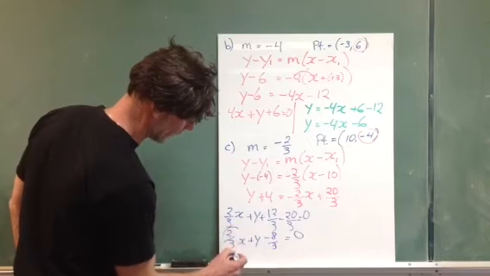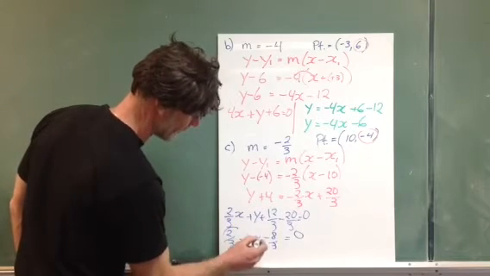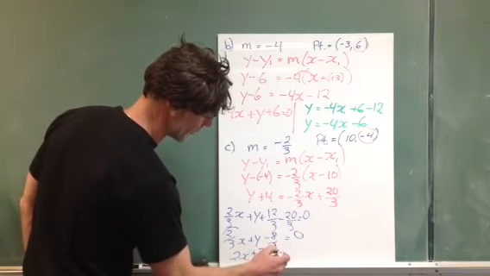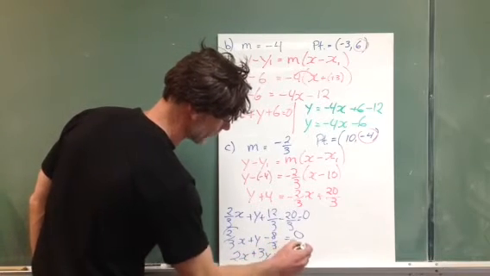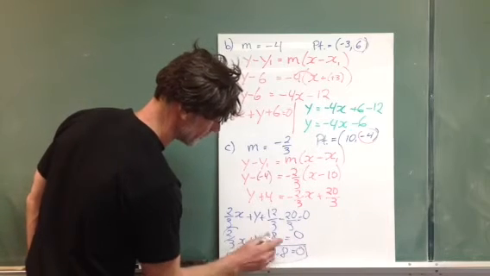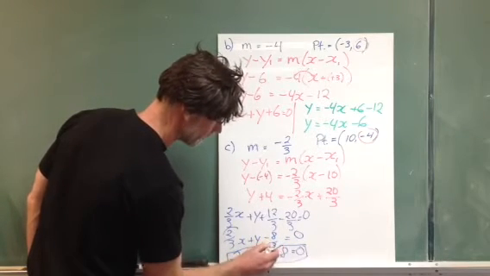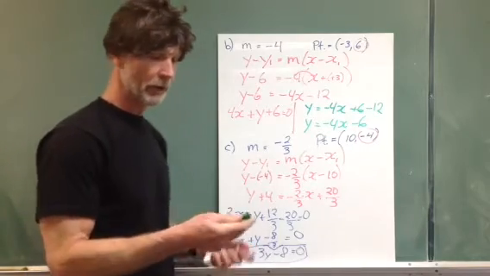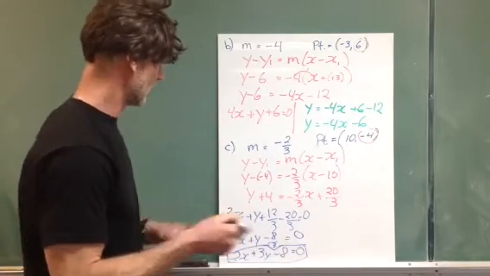This by 3 leaves me 2x. This term by 3 is positive 3y. And this term by 3 is negative 8 equals 0. Whoop, I missed. There we go. Sorry for scrunching so much, but that's the way it goes sometimes.